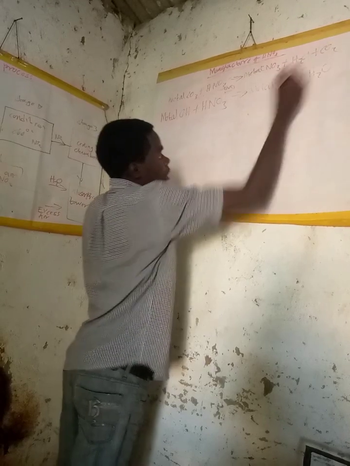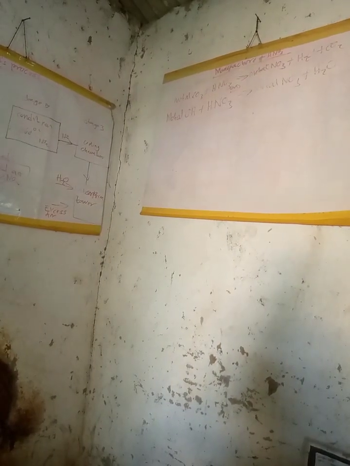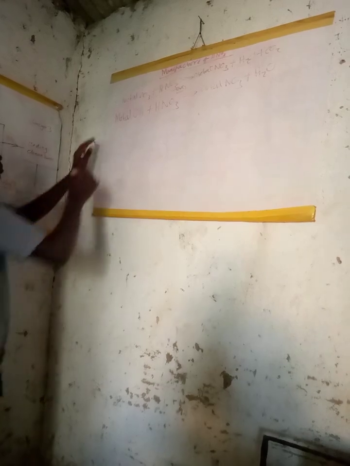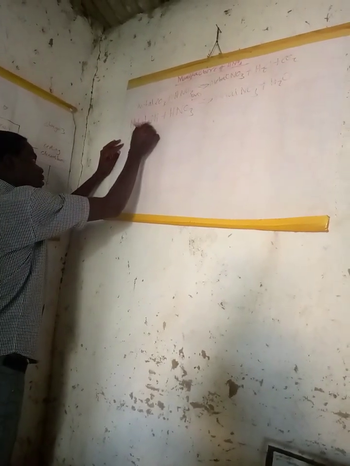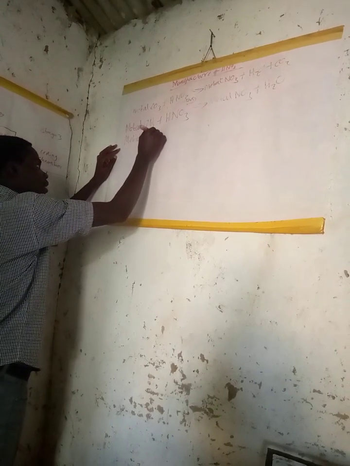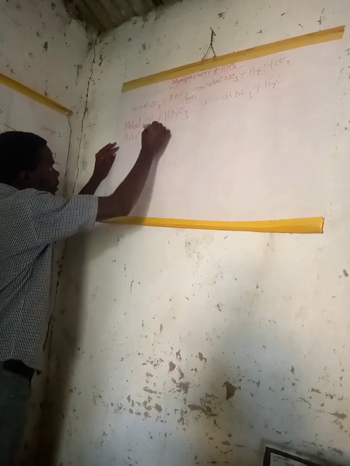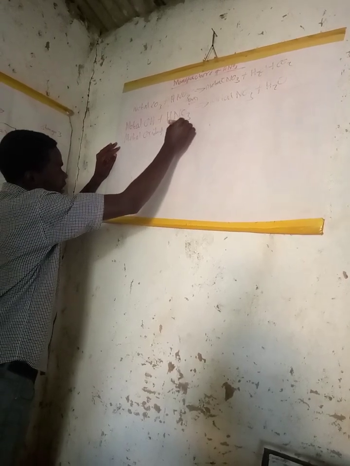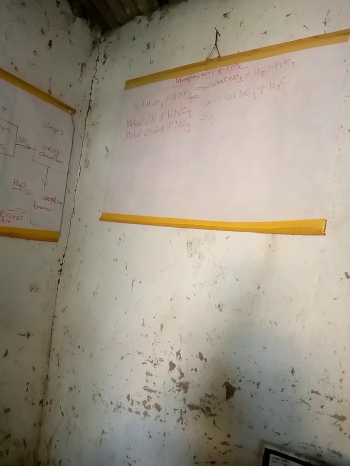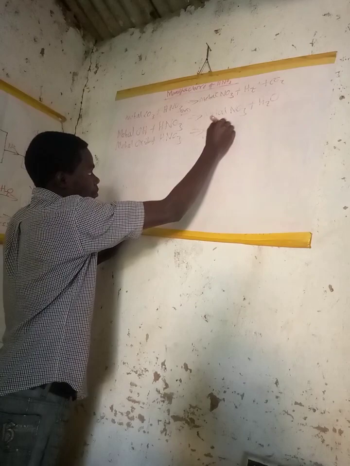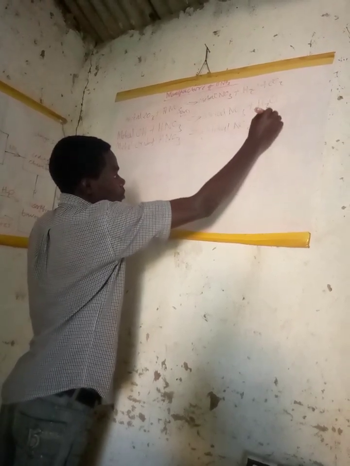So reaction with metal oxide, we have metal oxide plus nitric 5 acid. What are you going to form? We shall form a metal nitrate plus water. If you have a pen and a book or a paper, you can write these short notes, they can help you.